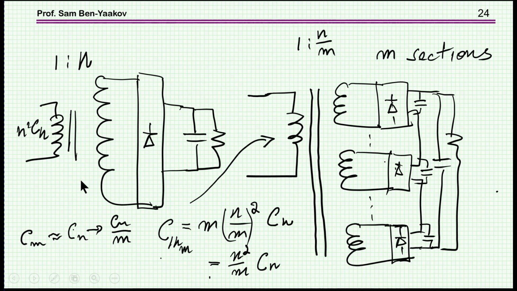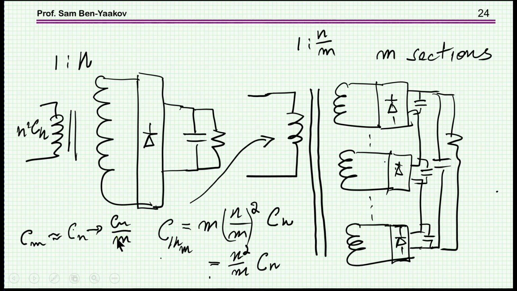And therefore, while here we have n squared times Cn, here we have n over m. This is now the effective turns ratio between the primary and each of the sections, squared, but we have m sections, so it comes to be n squared over m.